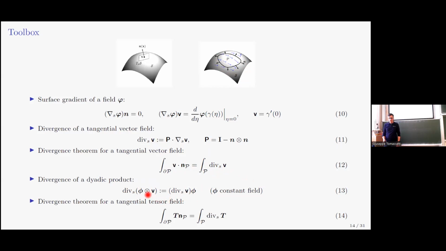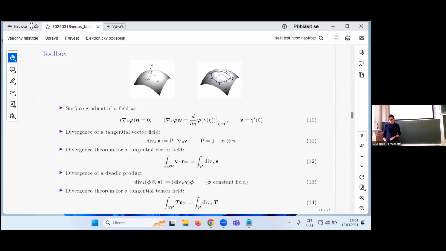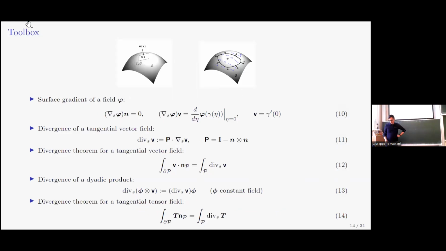And every tensor field can essentially be assembled by linear combination of objects of this type, and this gives you a definition of the surface divergence of an arbitrary tensor field of whatever order, without using coordinates at all. And of course, a consequence of this is a divergence theorem for tangential vector and tensor fields as well.